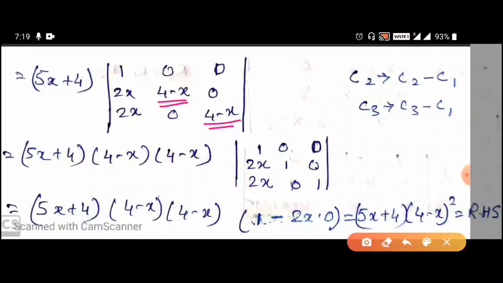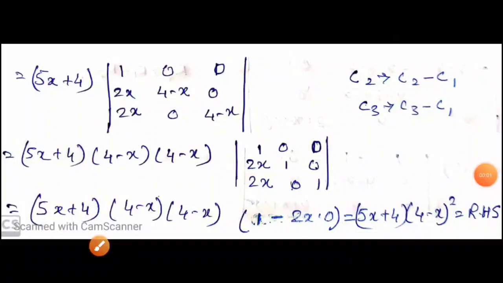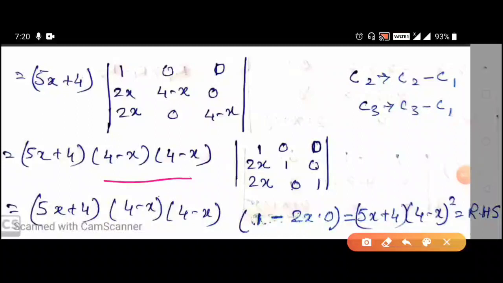So from column 2 and column 3 we can take out 4 minus x outside. So from here we will get (5x plus 4) into (4 minus x) whole square, and in the determinant we will have this. Now we will expand the determinant along column 3.